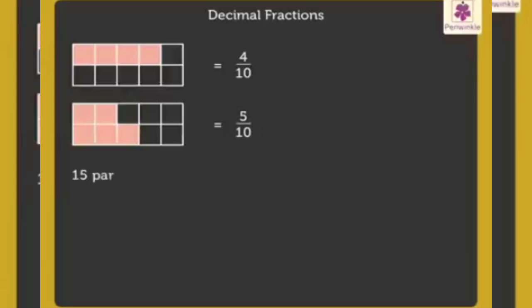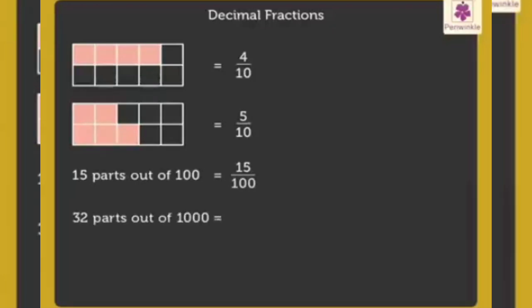Similarly, 15 parts out of 100 is written as 15 hundredths. 32 parts out of 1000 is written as 32 thousandths. The fractions 4/10, 5/10, 15 hundredths and 32 thousandths have either 10, 100 or 1000 as their denominators.